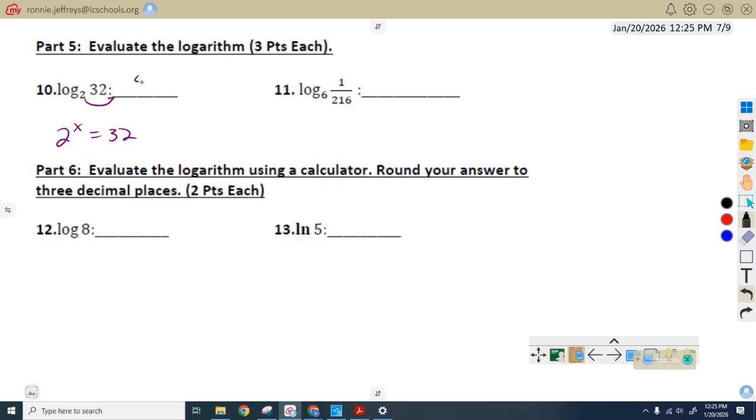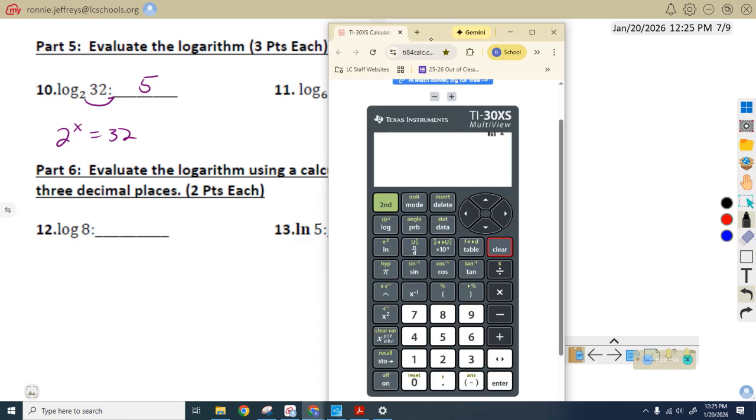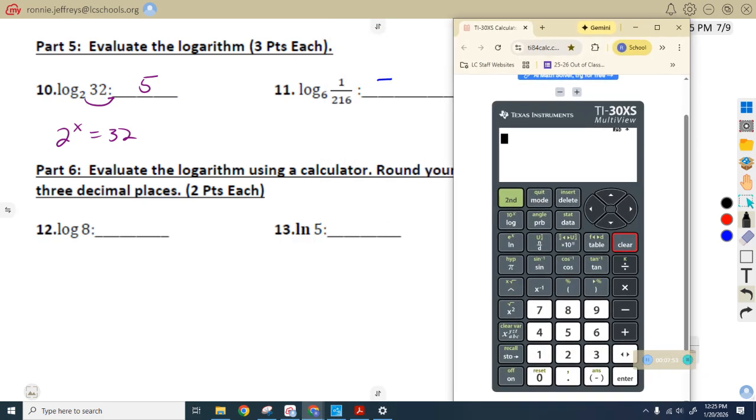Alright, so this would be 5. Now, on this one, it's a fraction, so it's going to be a negative. Well, 6 squared is this. So we know that 6 to the third is 216, so this would just be negative 3.